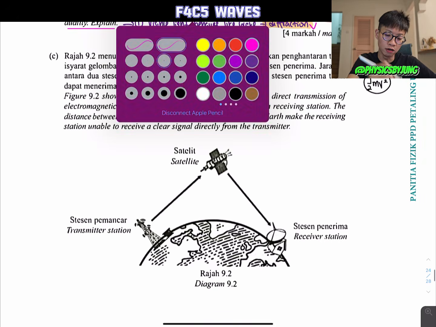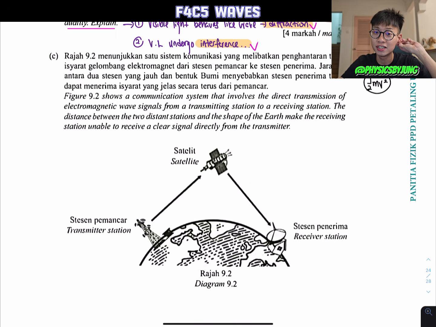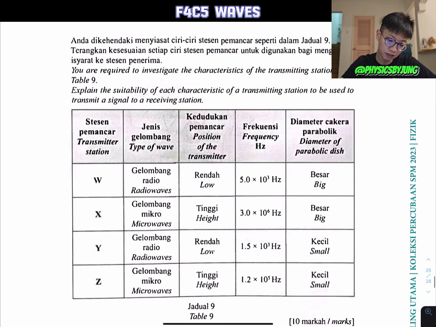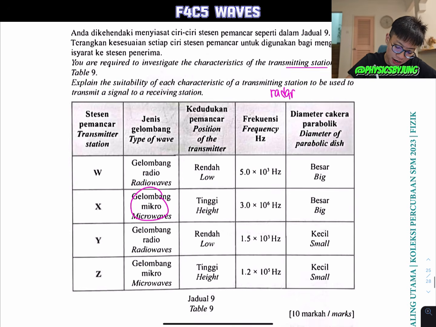Okay, now we're going to look at this communication station. Now, you are supposed to find which is the best for a transmitting station. So remember, anything that goes to the sky, anything that has to go all the way to outer space, ataupun it is a radar, whatever, fine, aeroplane, confirm we will use microwave.